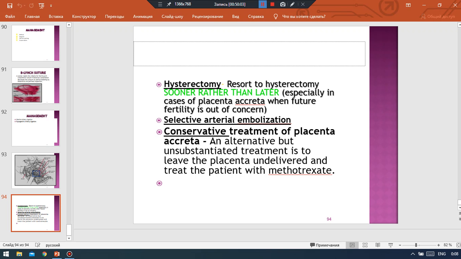The first is tone, abnormalities of uterine contraction. The second is tissue, retained products of conception. The third is trauma, of the genital tract, uterus, cervix, vagina. And the fourth is thrombin, abnormalities of coagulation.